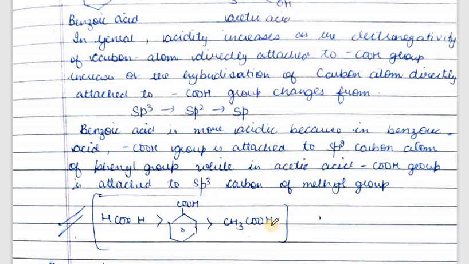So we can say that formic acid in general is more acidic than benzoic acid, which is more acidic than acetic acid.